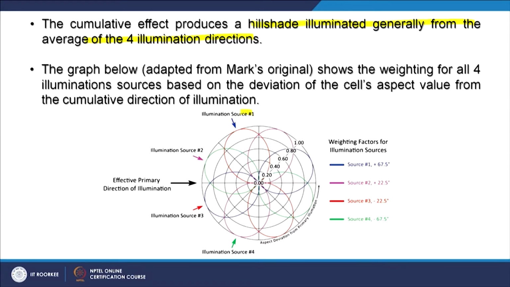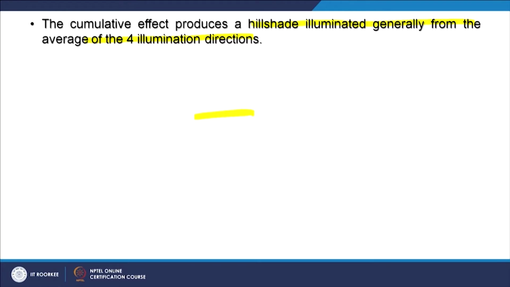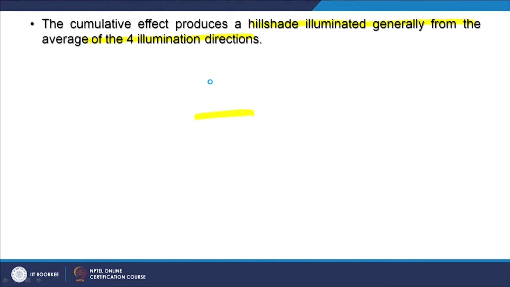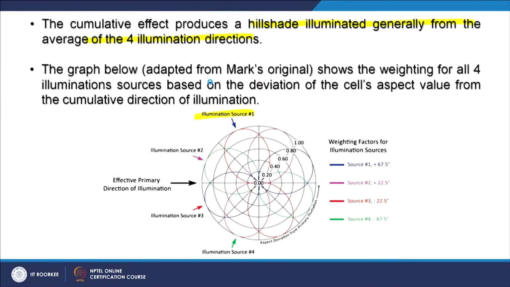This is illumination source 1, and what we have said is that illumination comes from 4 directions, each separated by 45 degrees, covering a range of 135 degrees. So in this figure, each covers 45 degrees. This is 45 degrees and this is what it covers by illumination source 1, this is illumination source 2, this is illumination source 3, and then illumination source 4.